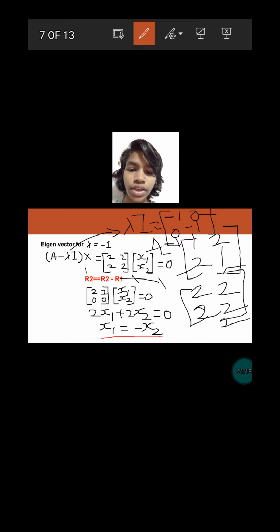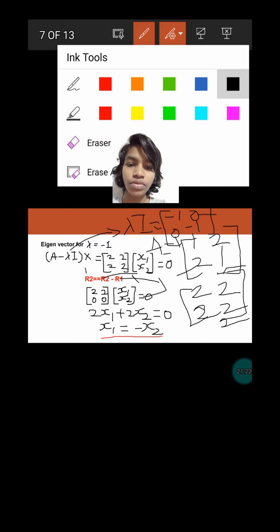Here we have the A minus lambda I matrix as 2, 2, 2, 2.